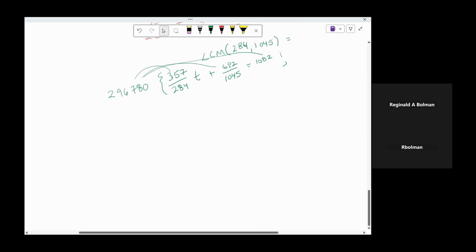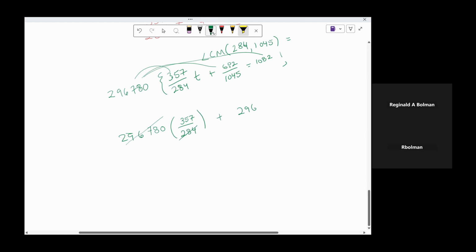But what's going to happen is you'll have this 296,780 parked out in front of 357 over 284. And the 284 is guaranteed to divide this 296,780. That's guaranteed to happen. So 284 will divide 296,780.